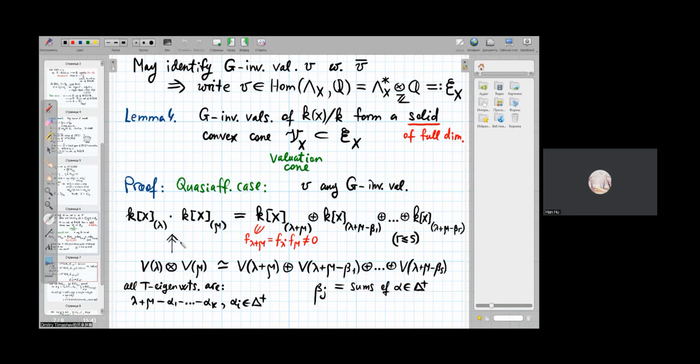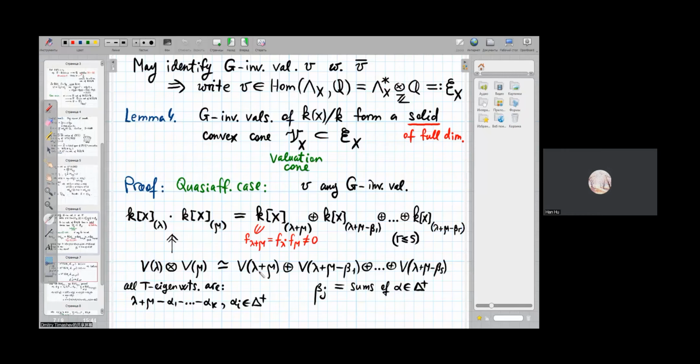But this means that the product of these two subspaces has a non-zero projection on this space. Now you choose arbitrary functions. The claim is that the projection of the product onto this summand corresponds to the projection of the tensor product to this summand, right?